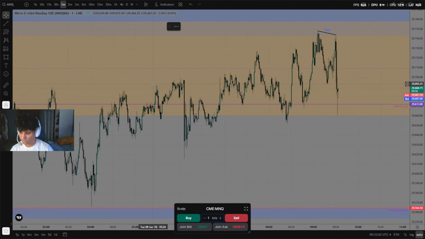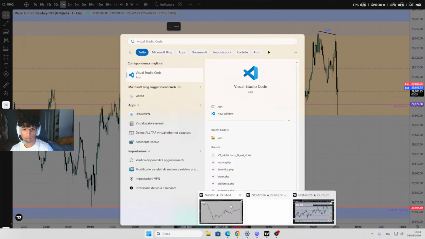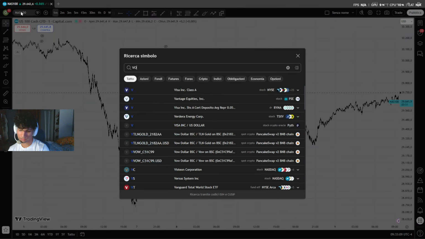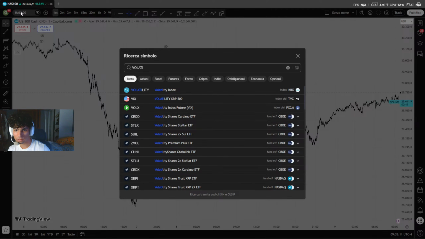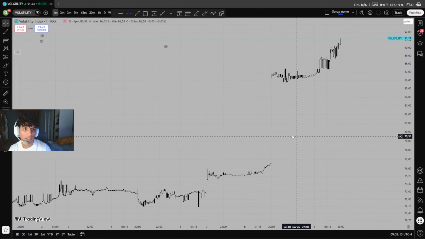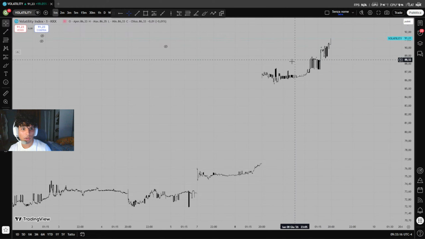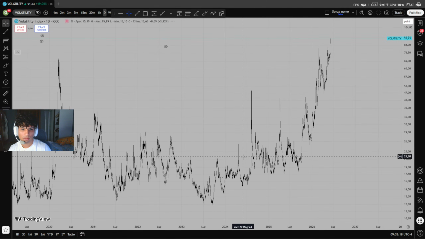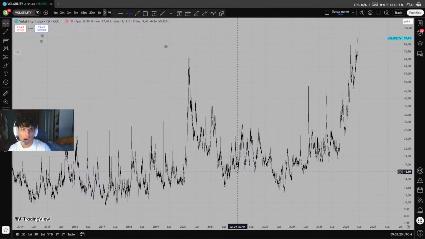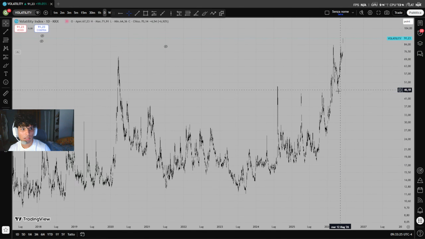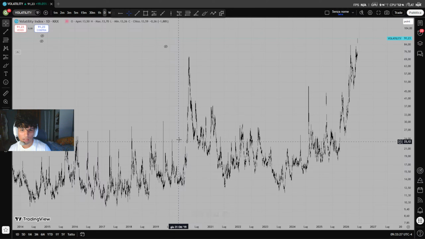Because of the volatility, if you look at the volatility index, it's still at the top, and it's at 91. What the volatility? It's at 91. This shit only happened at the COVID start.